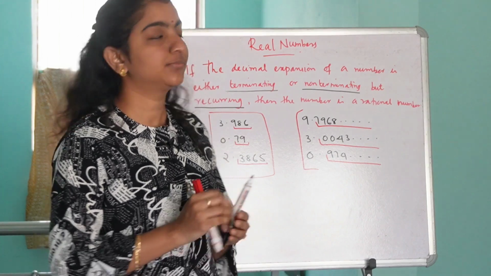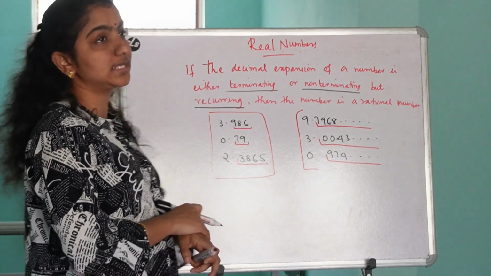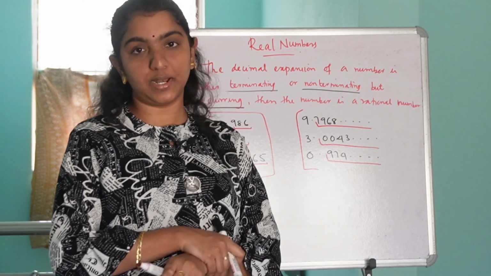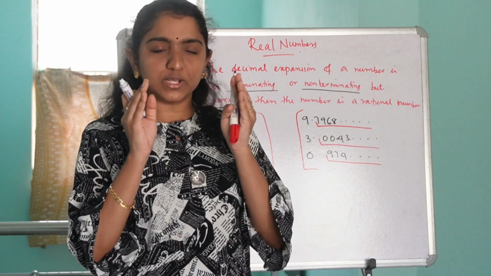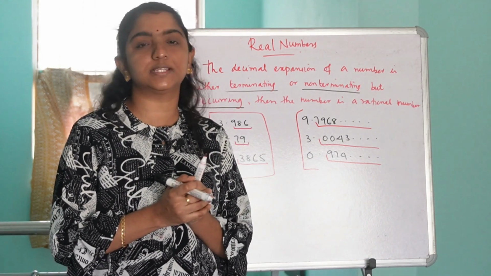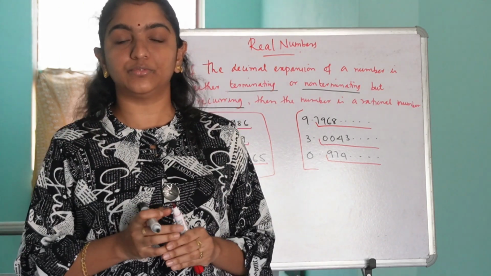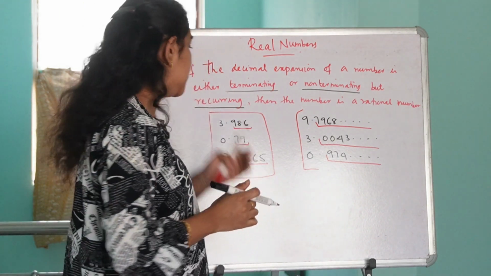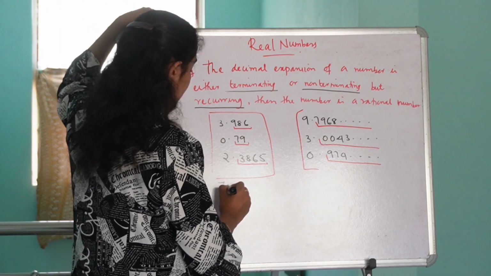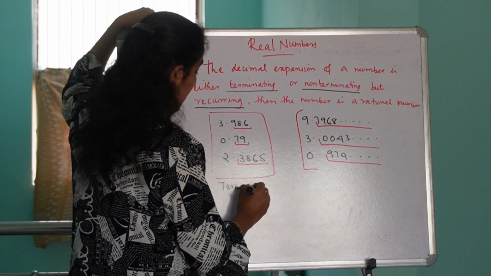Those decimal numbers having a fixed end point, or only a finite number of digits after the decimal point, are known as terminating decimal numbers.